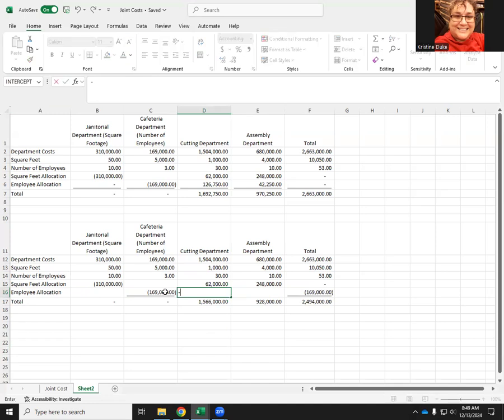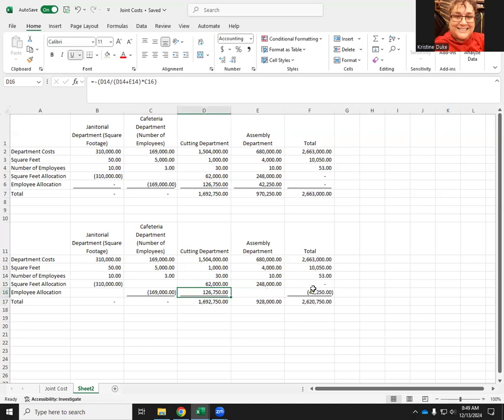So what I'm going to do right now is start that. 30 employees divided by 30 employees plus 10 employees. You could have done this in your head too, I know. Times this amount. I forgot the ending parentheses, I don't care.